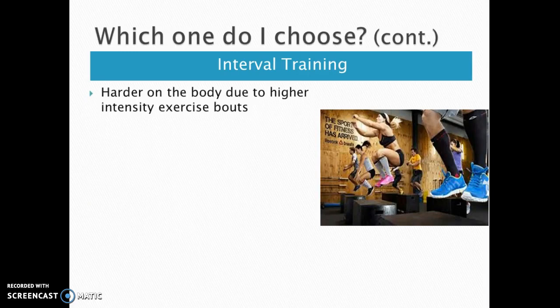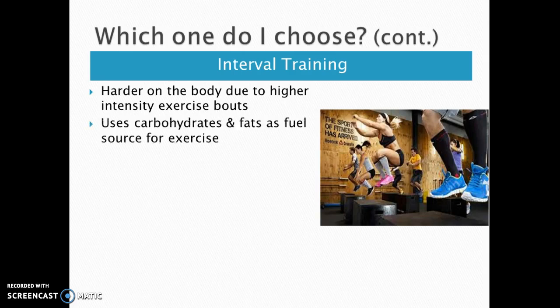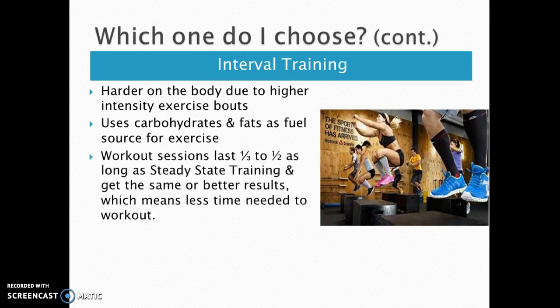On the other hand, the interval training is harder on the body due to the higher intensity exercise bouts. It uses carbohydrates and fats as its primary fuel source. However, there are a lot of studies that prove that there are as good or greater results using the high-intensity interval training compared to steady state.